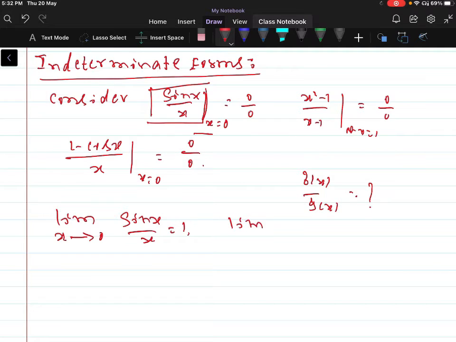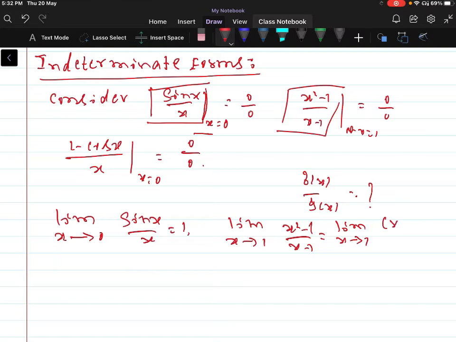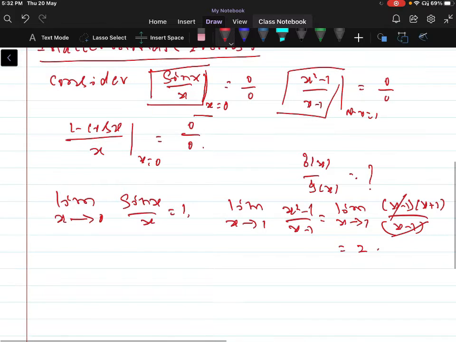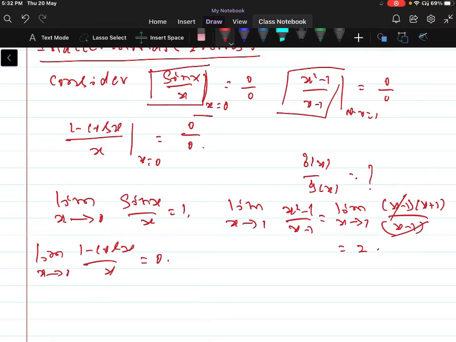Similarly, limit as x tends to 1 of x square minus 1 by x minus 1 can be written as limit as x approaches 1 of x minus 1 into x plus 1 by x minus 1, the x minus 1 cancels, and the limit value is 2. Similarly, 1 minus cos x by x when x approaches 0, that value will be 0.